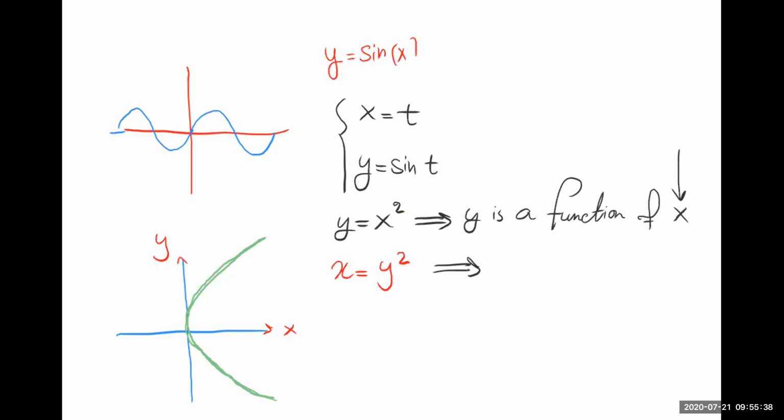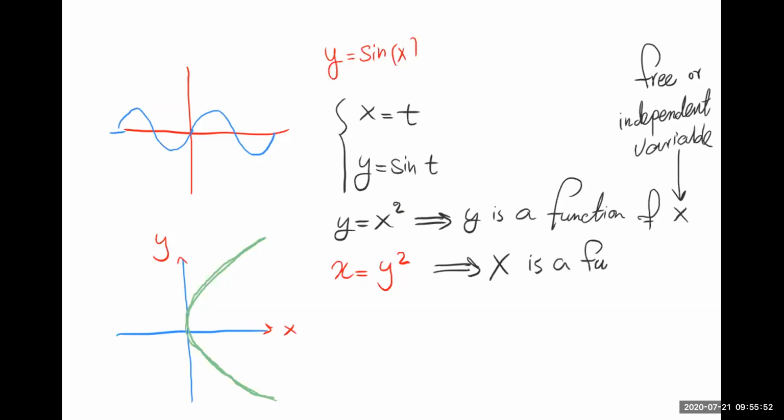Therefore y is the free or independent variable. The time parametrization would be: I take y equal to t, and x is y squared, therefore t squared. That's how we find a parametrization of the graph of a function as a curve.